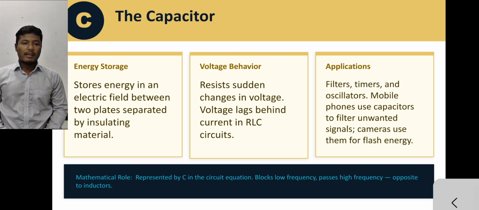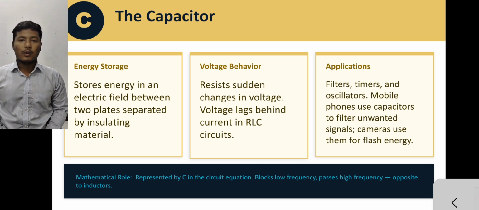Capacitors are widely used in filters, timers, and oscillators. For example, in mobile phones, capacitors help filter unwanted signals. In cameras, they store energy for the flash.